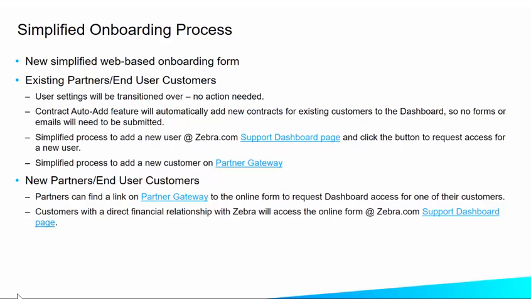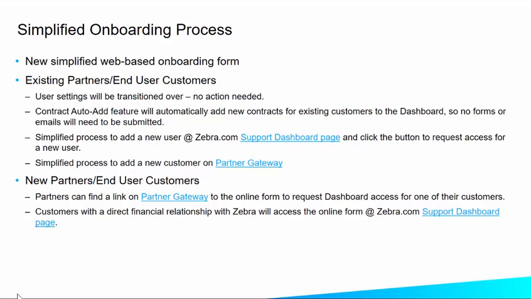For existing partners and existing customers, so that means you already have access to our visibility dashboards today, you're going to automatically be transitioned over to the new support dashboard. And any new service contracts associated with those existing ones, we have a new contract auto add feature. So you buy new hardware, you sign up for a new Zebra OneCare service contract, automatically gets added, no action on your part.